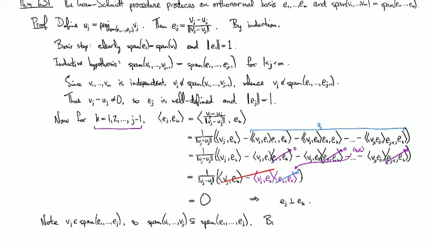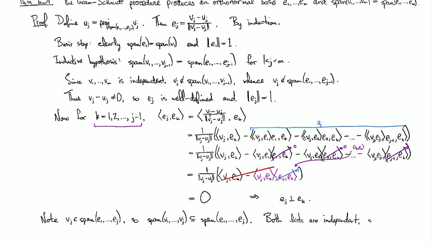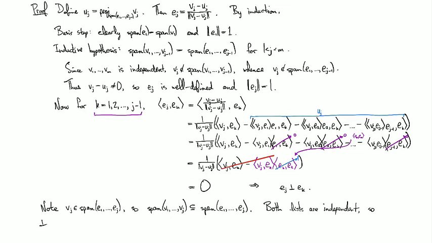But both lists are independent, and so they both have dimension j.